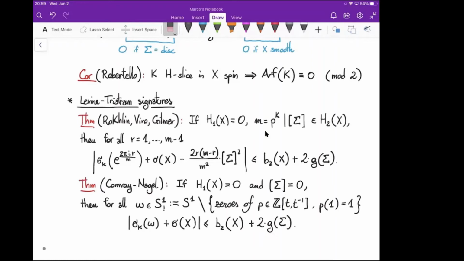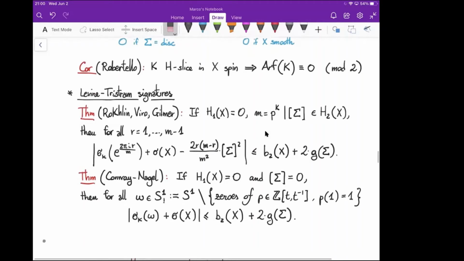There is also another theorem by Conway and Nagel that looks very similar to the previous one from a formal viewpoint, except that it works for some other values of omega on S1. And Conway and Nagel only proved it for null-homologous surfaces.